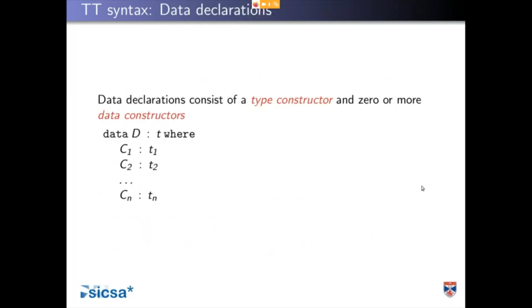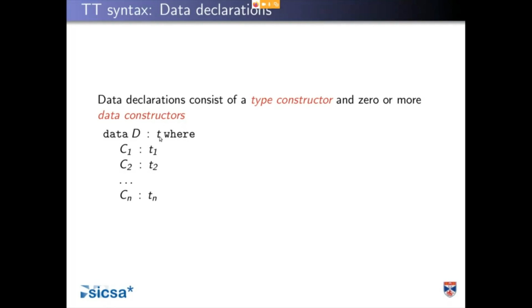So another thing we need to think about is what data declarations look like. If anything, they're simpler than pattern matching definitions because they consist of a type constructor and then 0 or more data constructors. So a type can be trivially empty. The type constructor I've marked by D here, and that has a type T. If it's going to be correct, this is going to have to be a function type that returns a type.